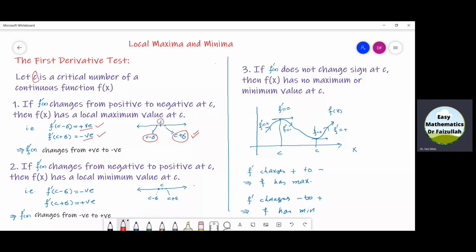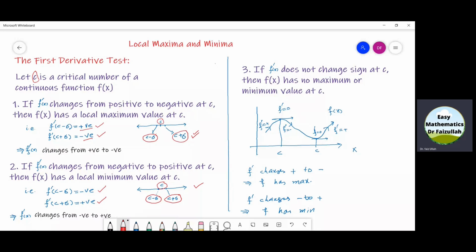Now look at another real line and represent a point C on that line. Again repeat that procedure. Put a point which is less than C in the given f dash and look at the sign, if it is negative. Now put a little greater number than C in f dash and look at the sign, if it is positive.